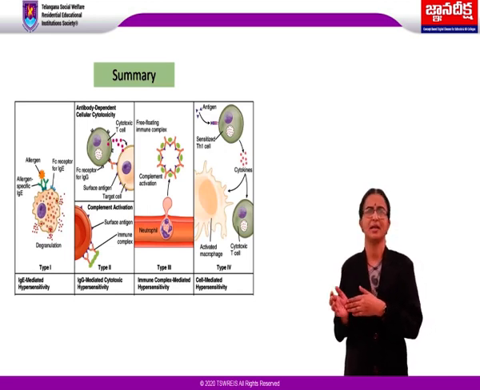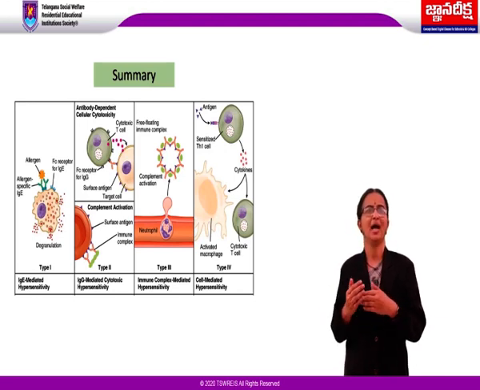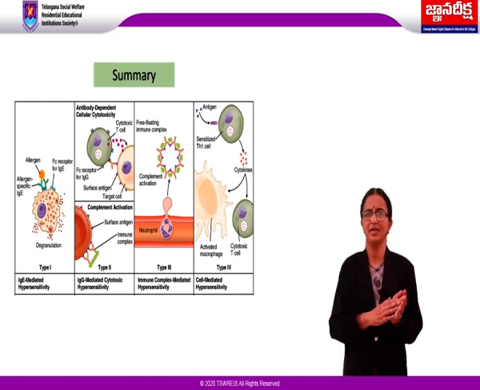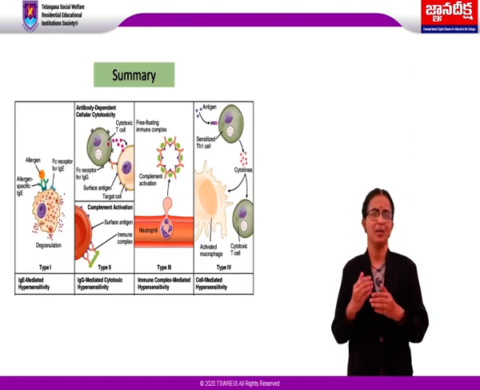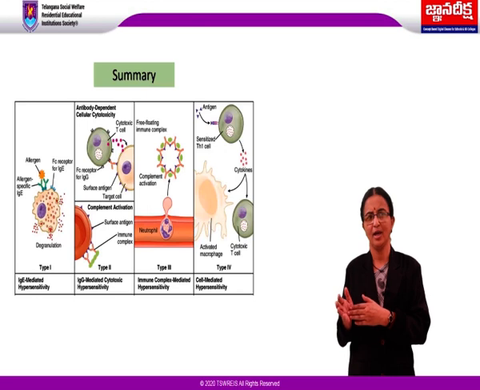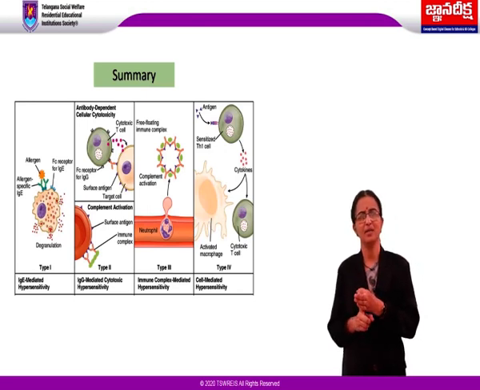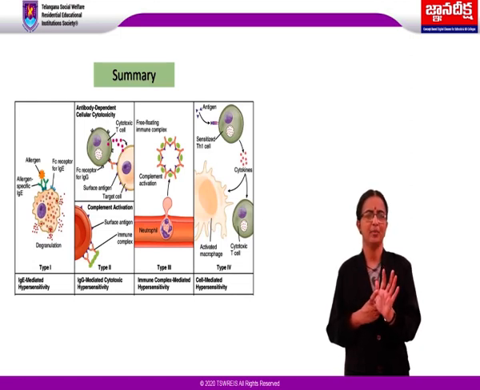The diagnosis includes detection of allergen-specific IgE, skin prick testing, intradermal allergy testing and blood-specific IgE testing. We also know about the therapeutic points of intervention, which include allergen avoidance, allergen immunotherapy, anti-cytokine therapies, anti-IgE therapy and pharmacotherapy.